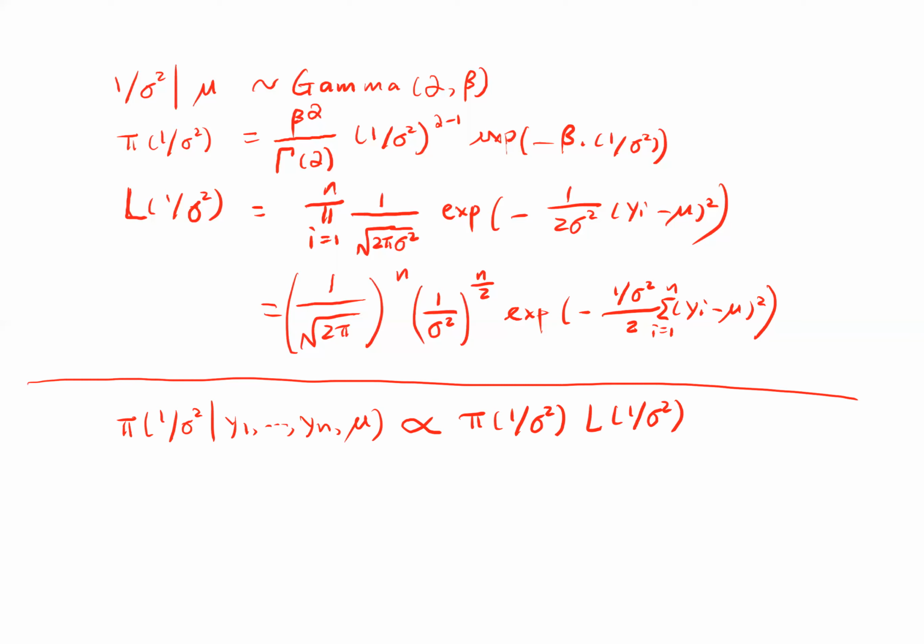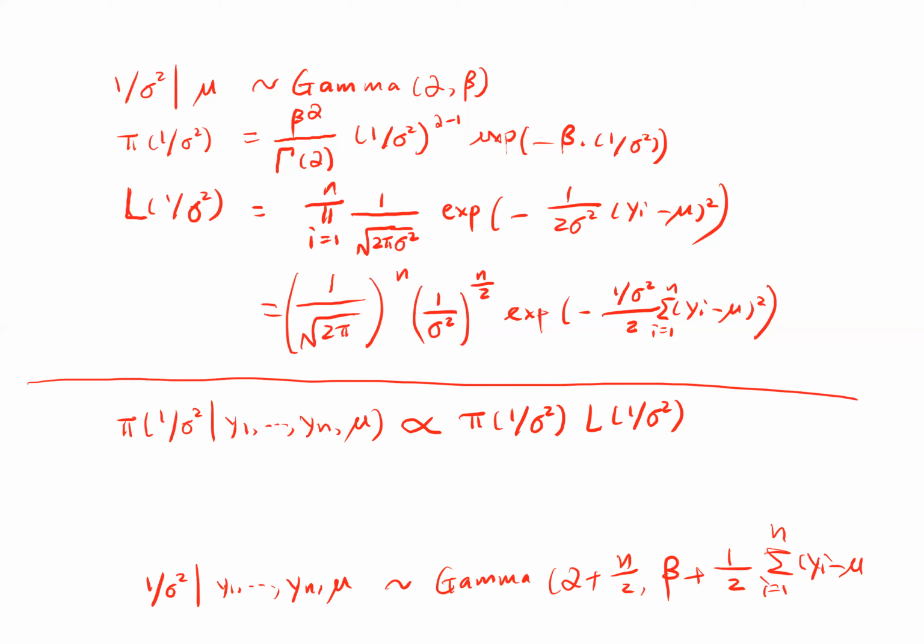Let's spend a few minutes so you can work out the detail. You should come to the final posterior in this form: a gamma of alpha plus n over 2, and beta plus 1 over 2 times the sum of (yi minus mu) squared.